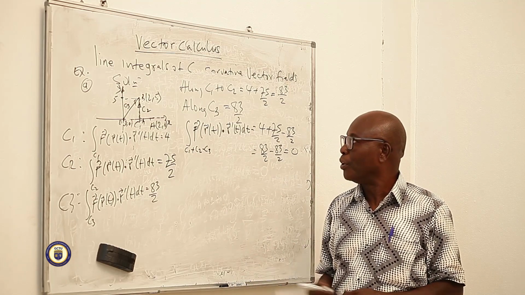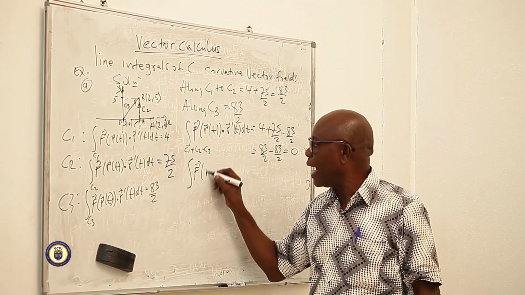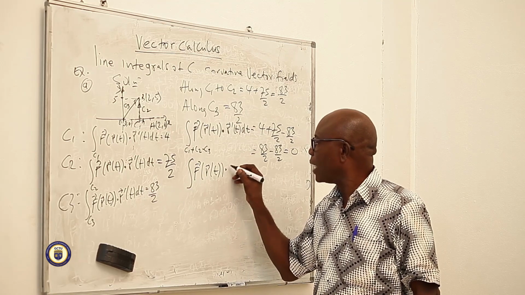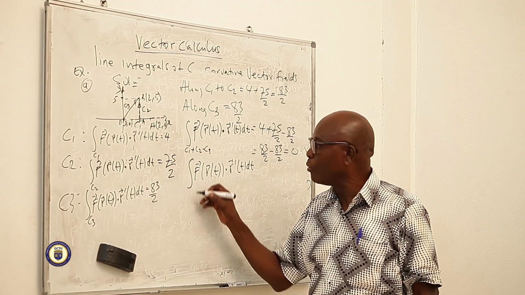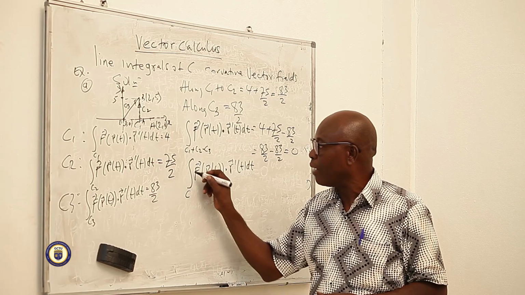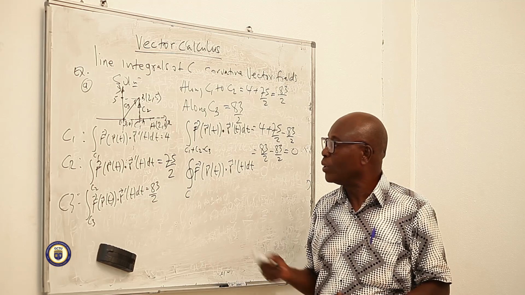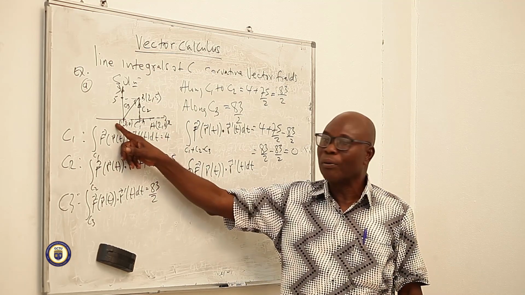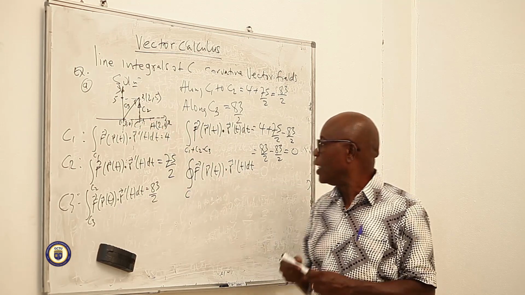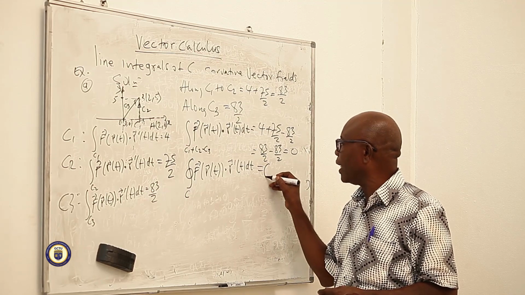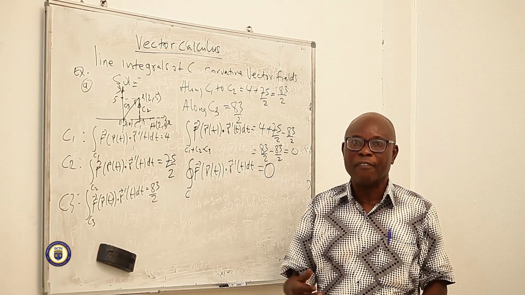We got the value 0 because if you do the integral of F of r of t dot r prime of t dt around a closed path, it means that we started from point O to A to B, and B back to O. Then we saw that the integral gave us 0, because F in this case is a conservative vector field.